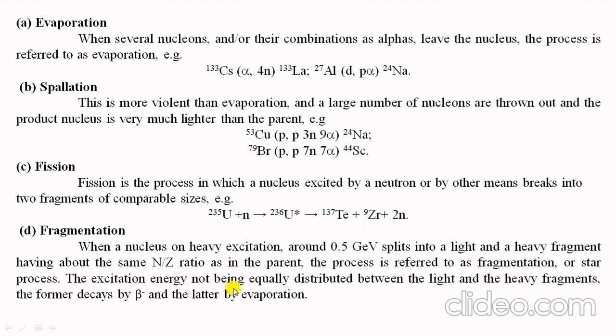The excitation energy is not equally distributed between the light and heavy fragments, and the former decays by beta minus and the latter by evaporation. So in fragmentation, a nucleus excited heavily by a high energy projectile leads to light and heavy fragments having the same N by Z ratio.